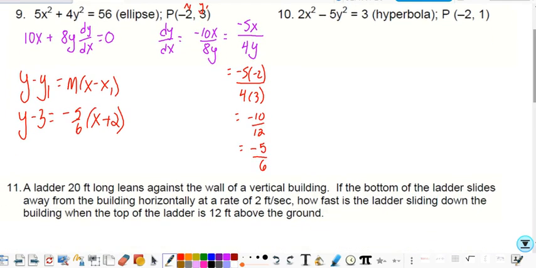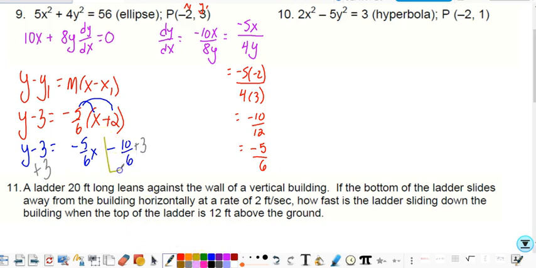If we want that in slope intercept form, I would distribute the slope. And then add the constant over.